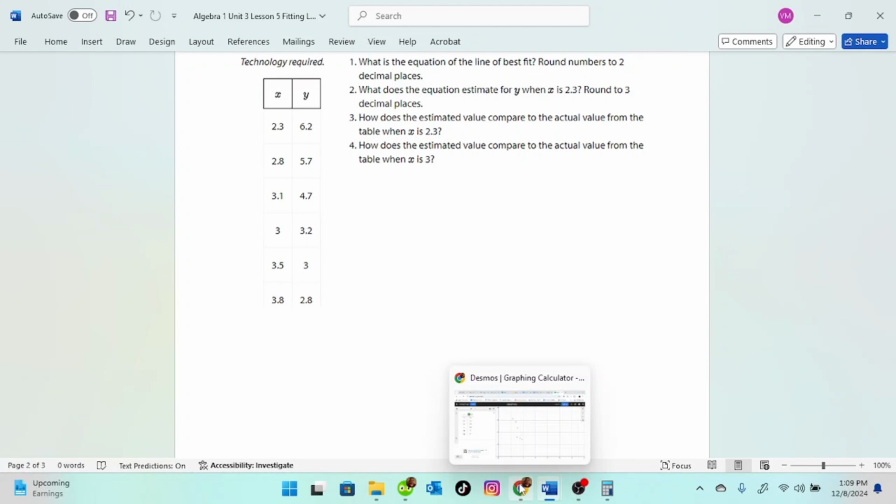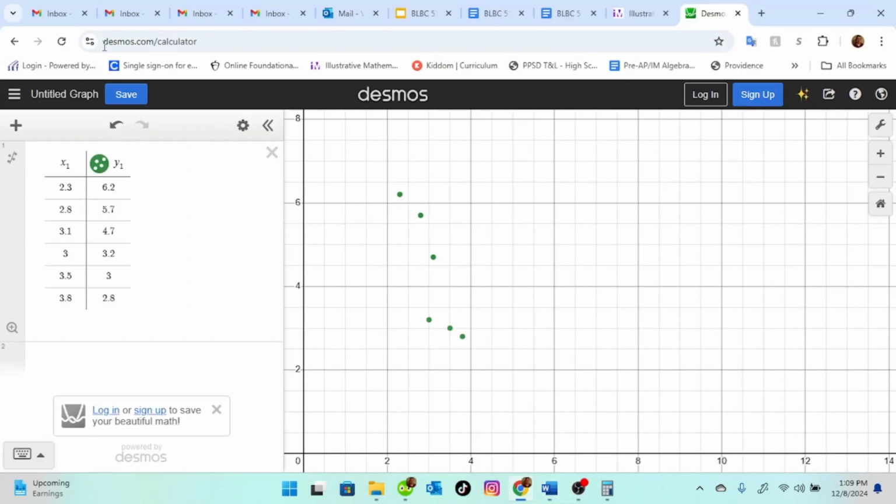So we can go to the Desmos.com calculator, and just like previously, to save time, I have already put in the table of values. Remember, if you're trying to put in a table, you are using this plus sign that says add item, and you're just choosing table. Then you will fill in your values.